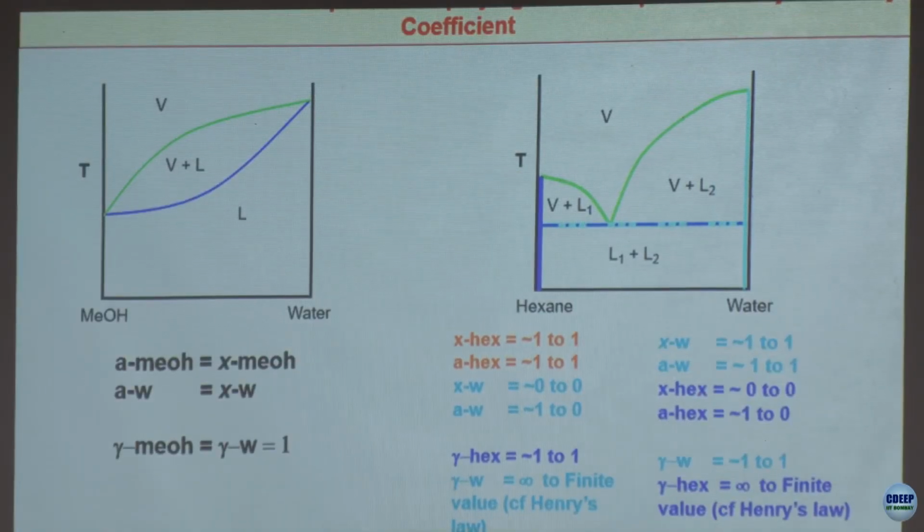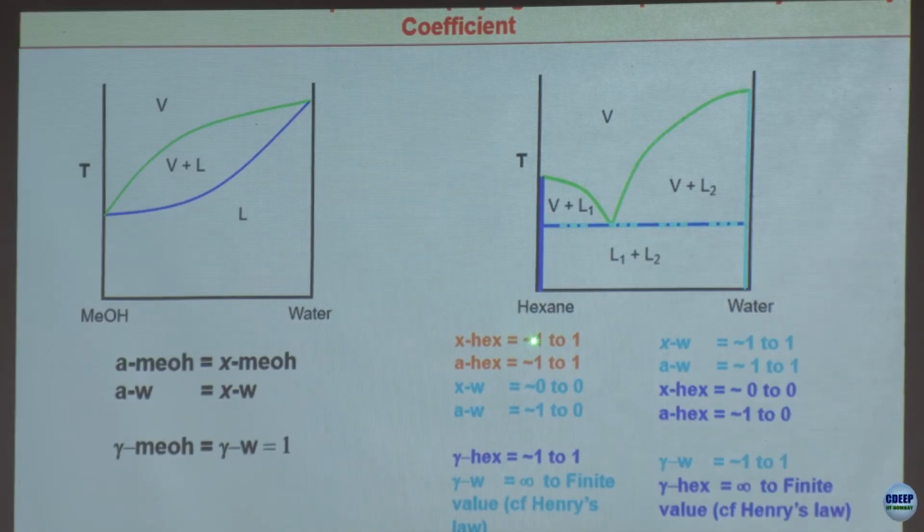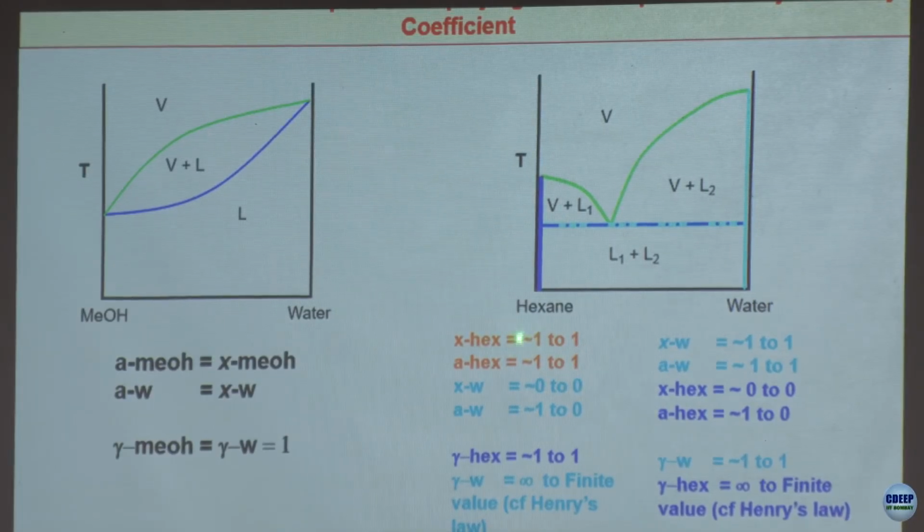Okay. So as far as hexane is concerned, the mole fraction of hexane going from here up to here started with nearly pure hexane liquid. So therefore I have given approximately equal to 1, and at this boiling point it became equal to 1. And the activity of hexane was equal to 1 all the time. Here it was nearly 1, but then it became exactly 1. Similarly for water, we have a similar situation on this side.